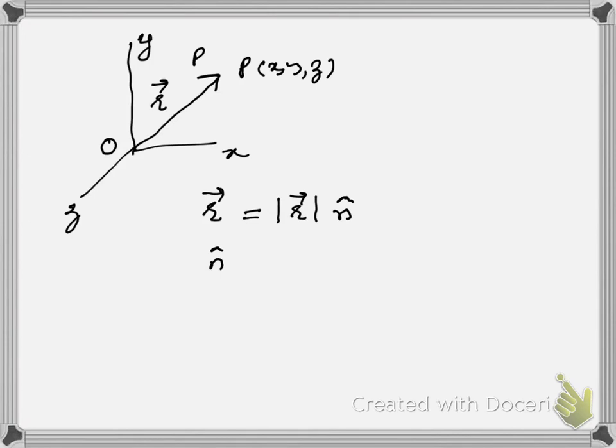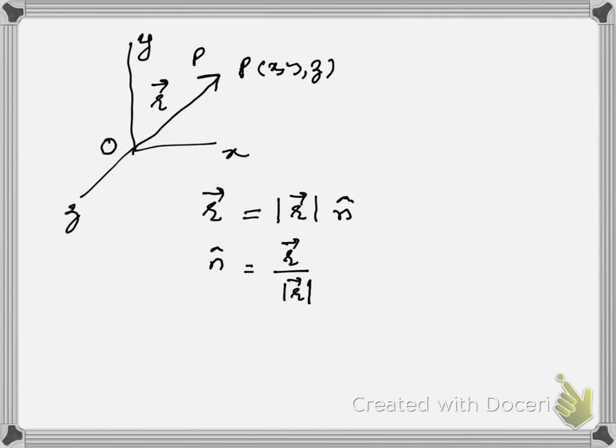So direction of n cap is equal to vector R divided by its magnitude. N cap is basically direction of vector R. If it is along x-axis, it becomes I cap. If it is along y-axis, it becomes j cap. If it is along z-axis, then it becomes k cap.